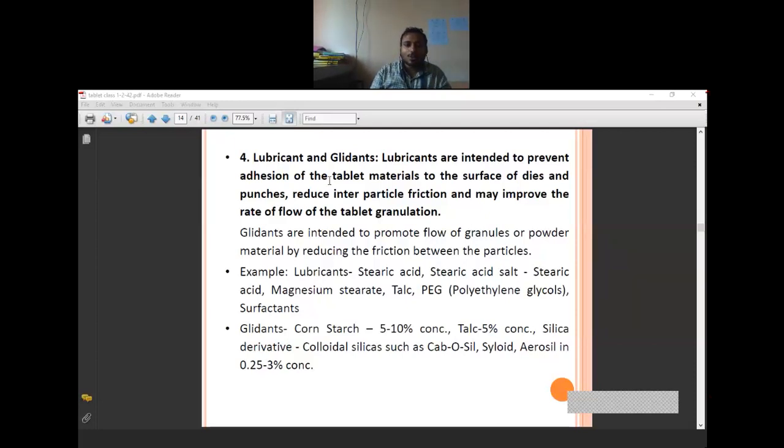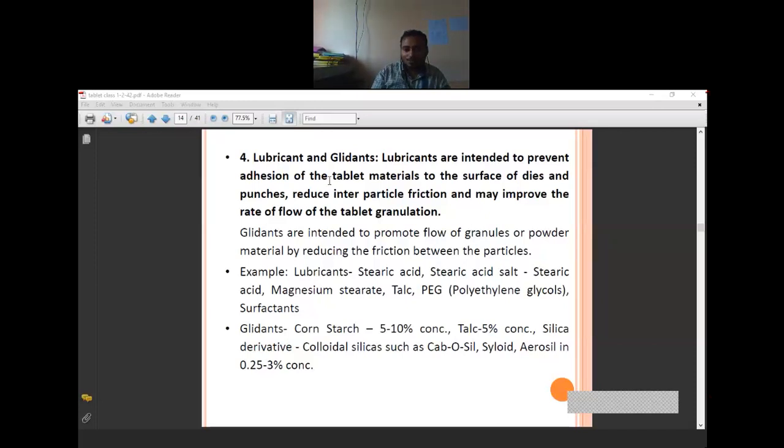Lubricants are intended to prevent adhesion of the tablet materials to the surface of dies and punches, reduce interparticle friction, and may improve the rate of flow of the tablet granulation. Glidants are intended to promote flow of granules or powder material by reducing friction between particles.